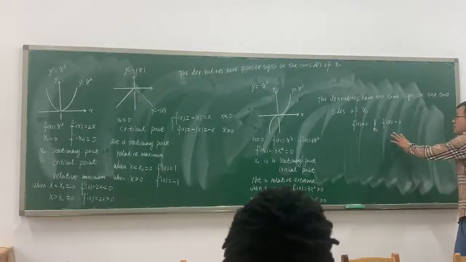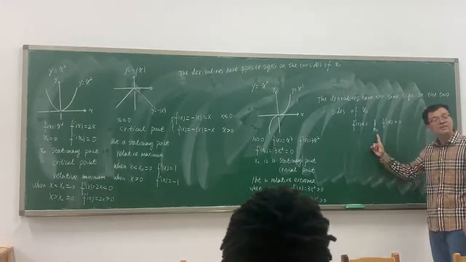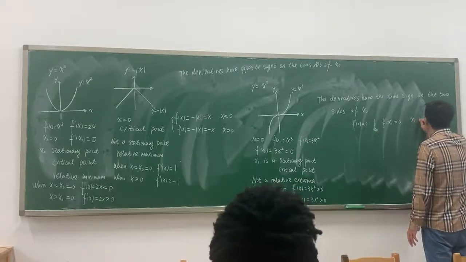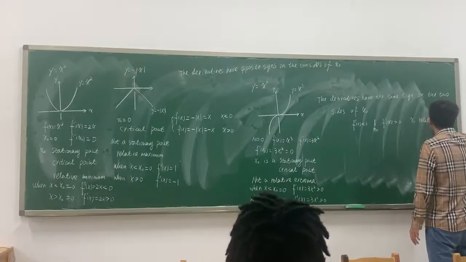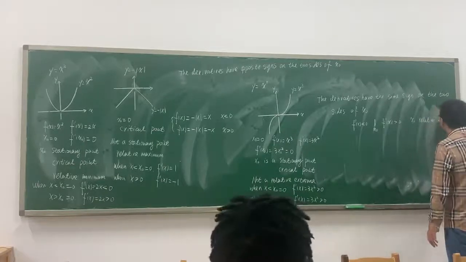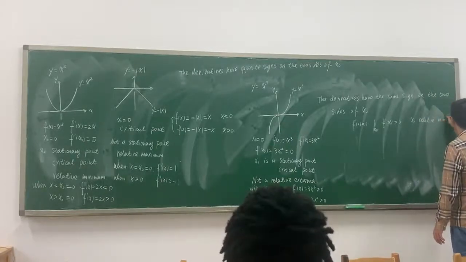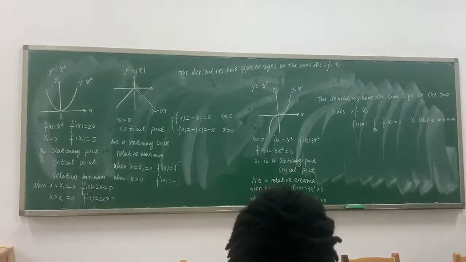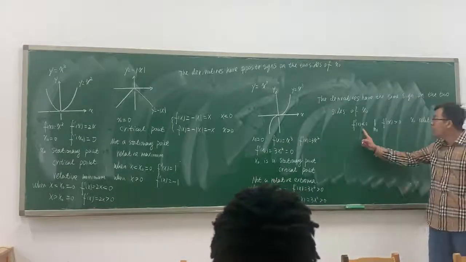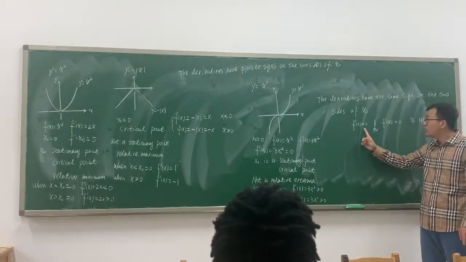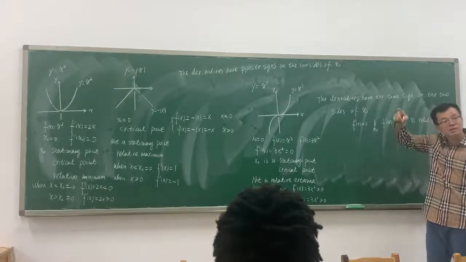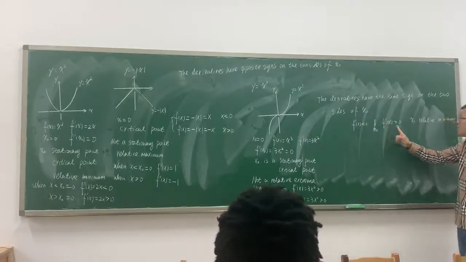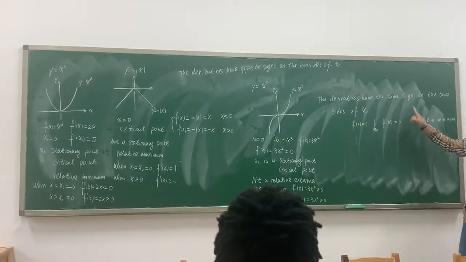So x0 is a relative what? Minimum. Why? It's easy to see. f prime less than 0 means it's decreasing, and f prime greater than 0 means it's increasing.